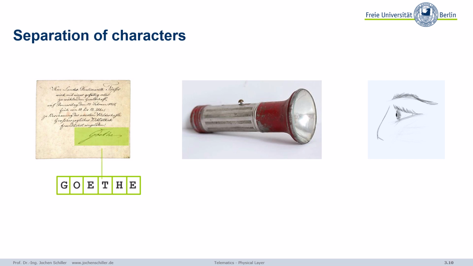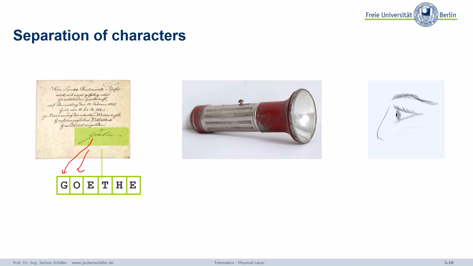So now let's focus on one part, Goethe. We want to transmit this. Maybe you cannot write what Goethe has written, so we already mapped this, G, O, etc., to these letters.